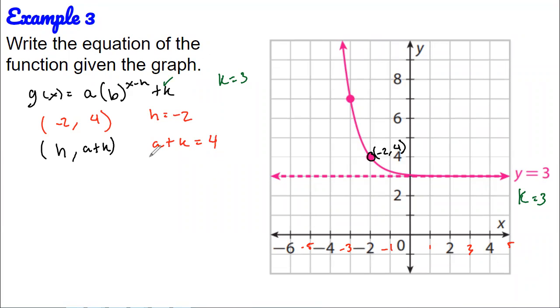Okay, so let's go ahead and solve for our beautiful A. So A would be, let's see, substitute 3. Eli, what's my value for A? Yeah, subtract 3, therefore A would equal 1. So we have A, we have H. Check, check. Alyssa, which value are we going to find now? B. So let's go ahead and find our beautiful B.